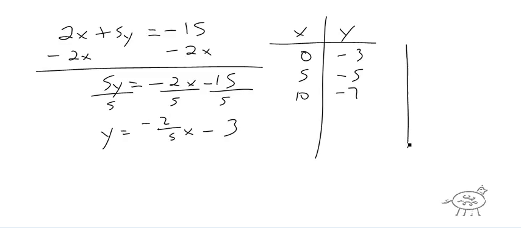So let's graph this thing. Okay, so 0, comma negative 3. 5, comma negative 5.